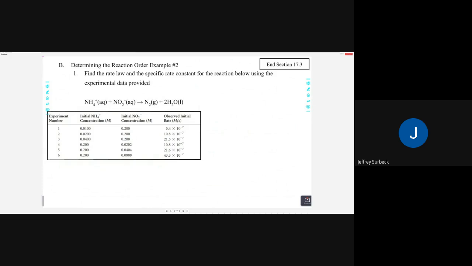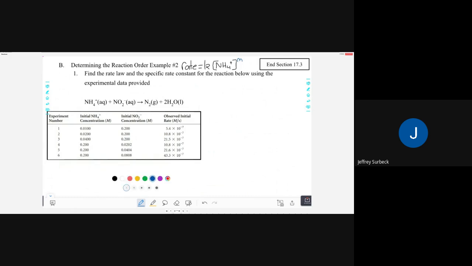So we'll start out with this. Again, the first thing that we want to do is we want to establish that generic rate law and then actually find our particular rate law. So up top, right here, I'm going to put down this. We want to find out our rate law, which remember, rate equals K times the concentration of our reactant, NH4+, ammonium, and we want to know, hey, what is that power M?